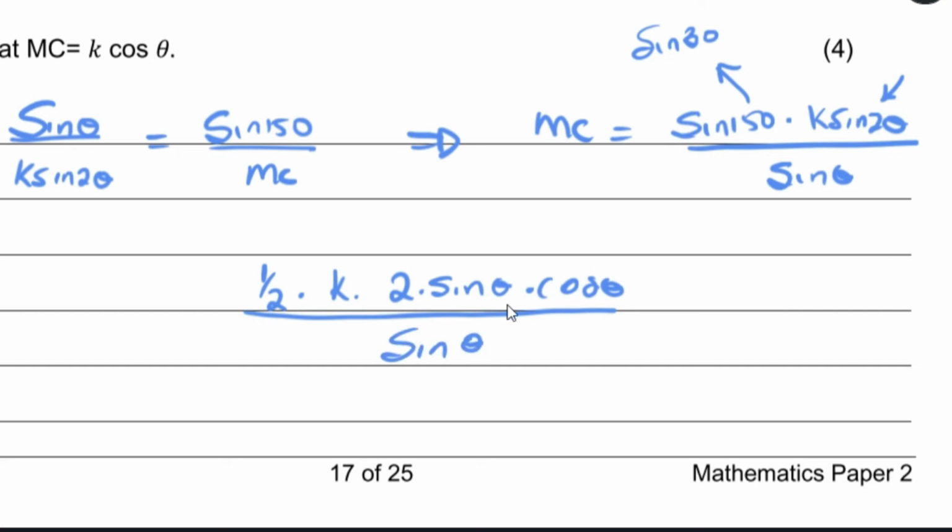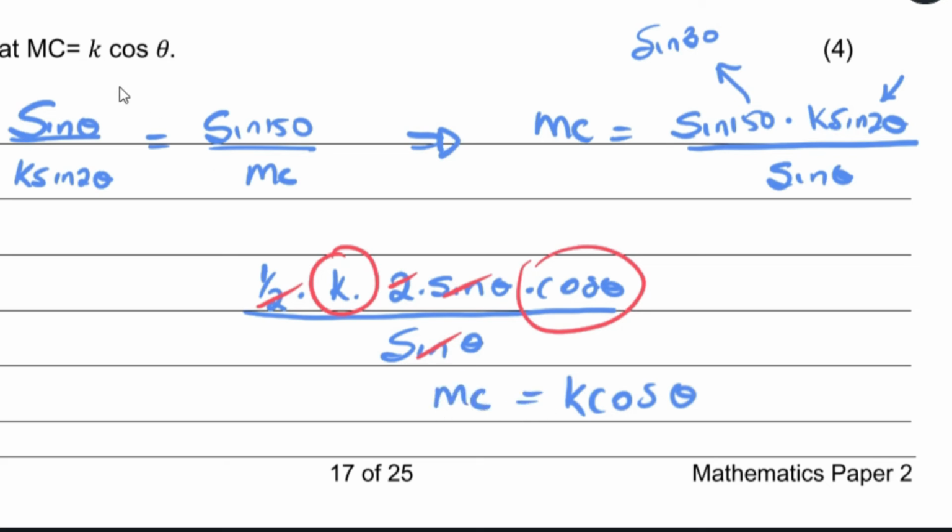As you can see, sine theta can cancel sine theta out, this 2 here can cancel that 2 out, so all you're left with is this and that. And that's your answer, which is K cos theta, which is equal to MC. And as you can see, that's exactly what they wanted.